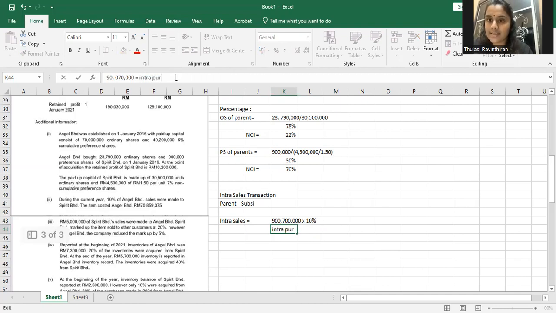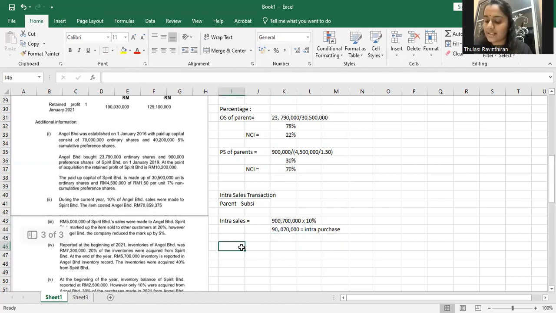Okay, next calculate the markup percentage. In this question, the markup is not given directly.